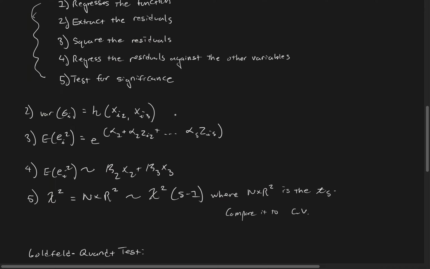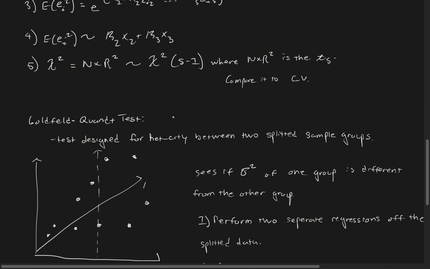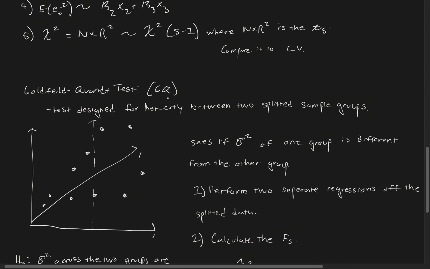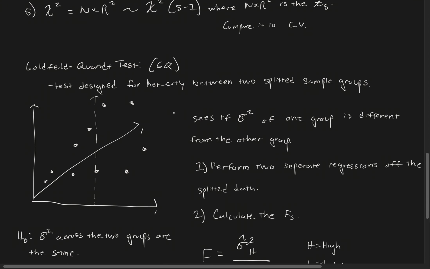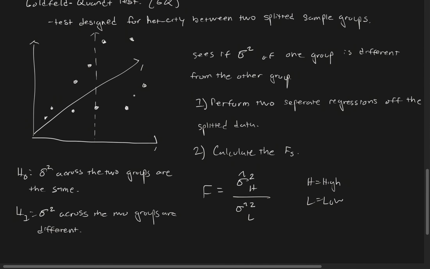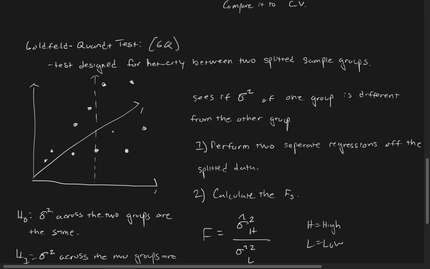And so that's one method. The other common method is what we call the Goldfeld-Quandt test, or the GQ test. This uses a pretty different method. If we look at the heteroskedastic data here, we will split it into two sample groups: one part where the variance is greater, and one part where the variance is smaller.